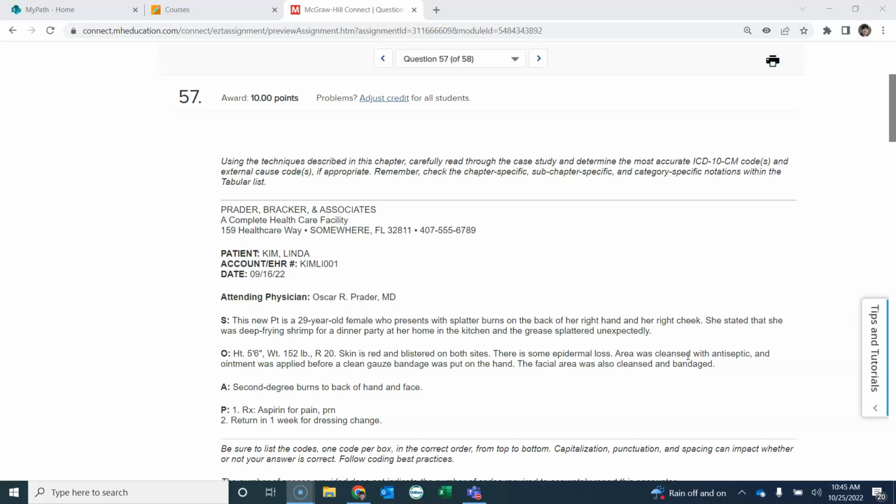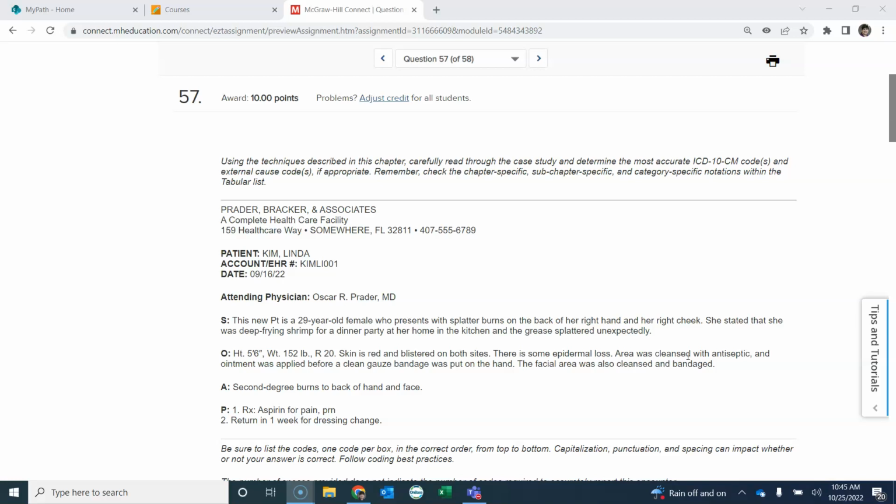You have to have a T31 code, all right? So you can look that up. If you go back to your index, look up burn and look up extent. Burn, then extent. And then you'll see all of that. It'll say, in extent, it'll say percentage of body surface.